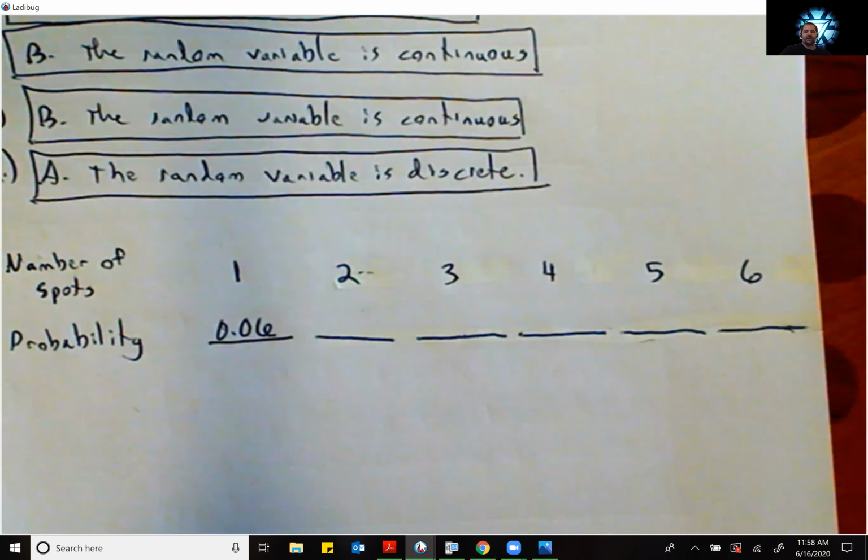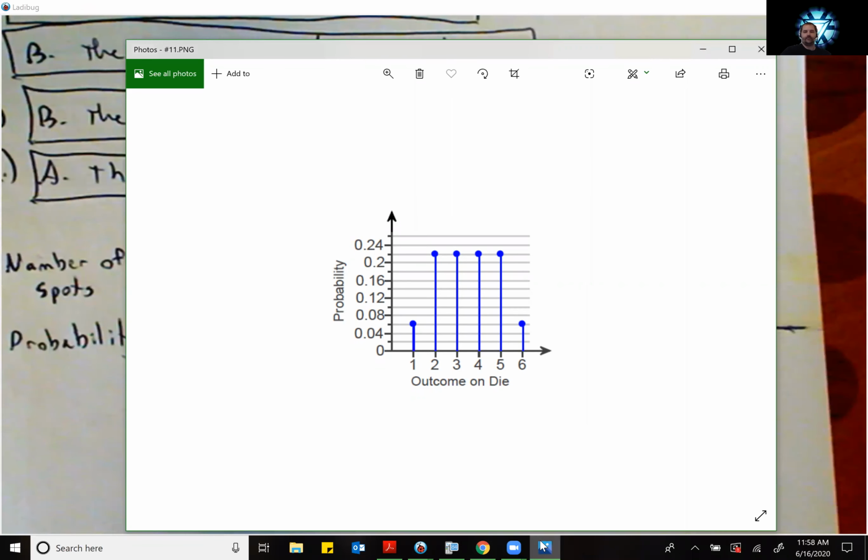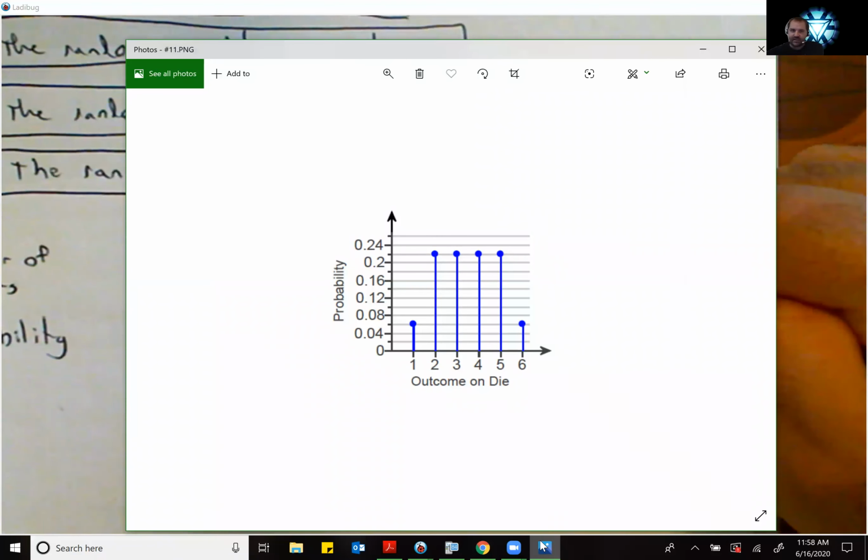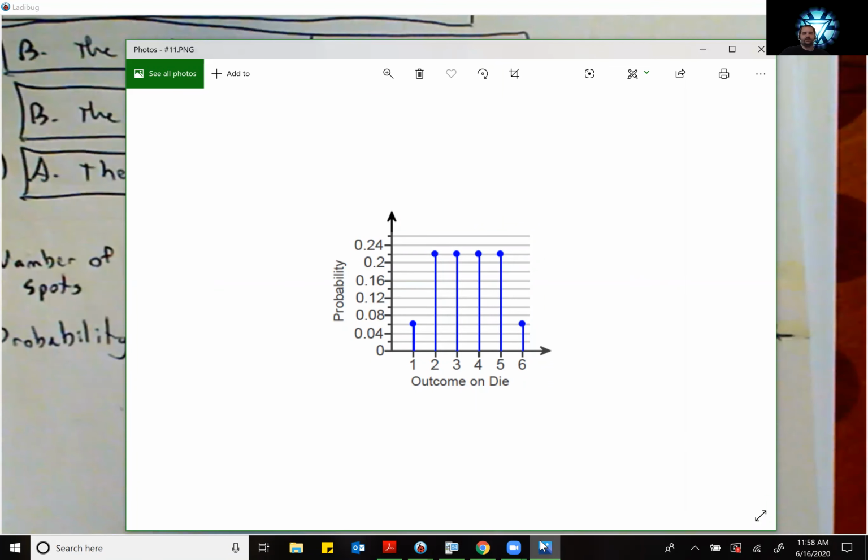Who else shares that same probability? 6. All right. So under the 6, you'll put 0.06. What is everybody else? Point 22. You got it.